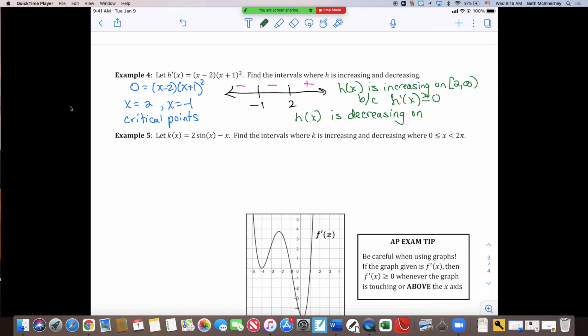This is a continuous function. So I'm going to describe the decreasing from -infinity to 2 because h prime of x is less than or equal to 0. But you do have to consider breaks in a graph. Because if I had had a vertical asymptote at x equals -1, then I would have written 2 intervals. Does that make sense? And then I wouldn't have included the -1 because it's a break in the graph.